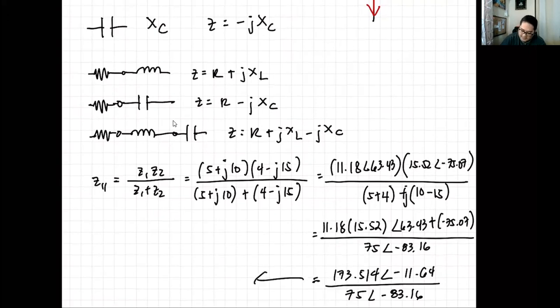Yung answer natin for Z parallel should be, so divide natin yung 173.514 divide 75, that is 2.314 angle of negative 11.64 minus 83.60, 71.52. Ganito ba yung lumalabas?